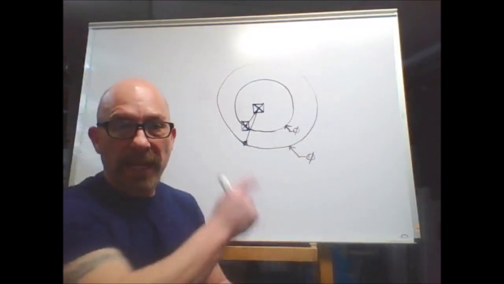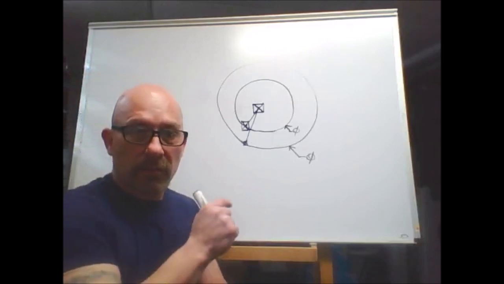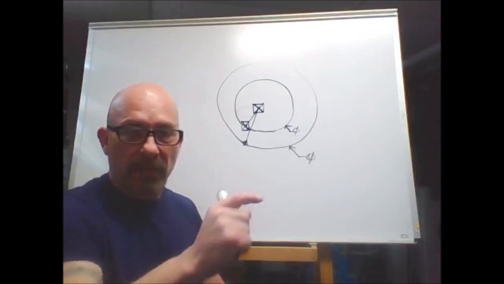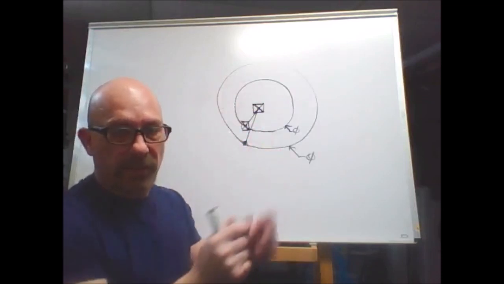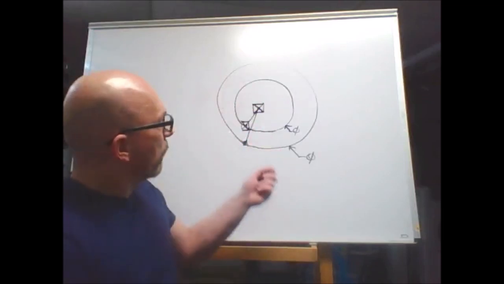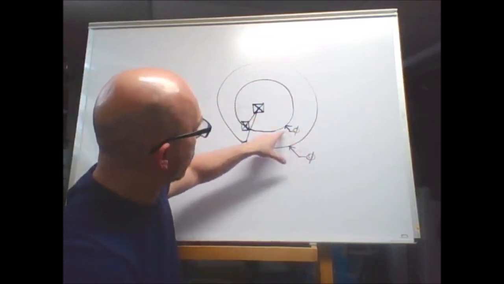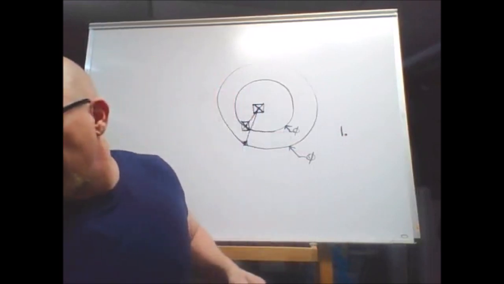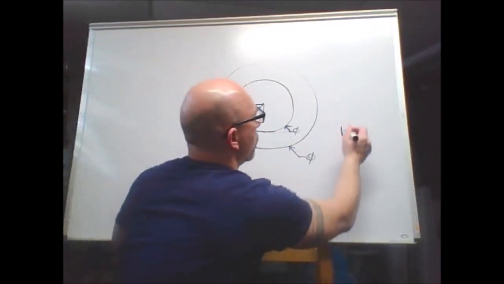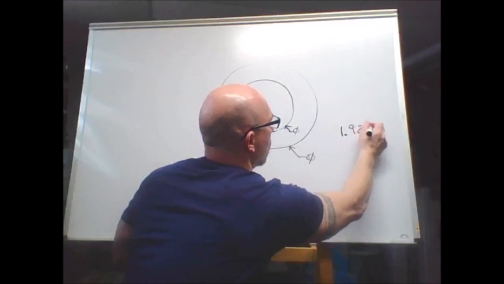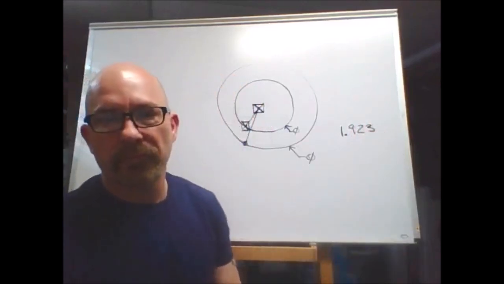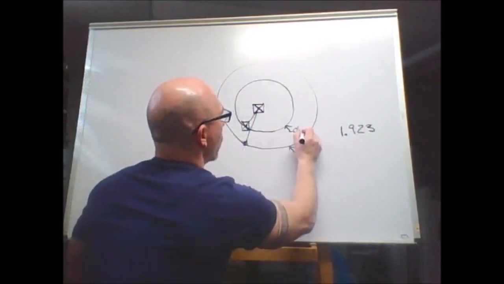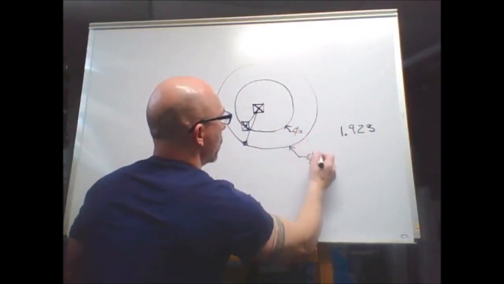Now, if you lay out the Giza Plateau, just the three pyramids, you'll come up with a ratio of this diameter to this diameter of 1.923. So this is the diameter of Jupiter.